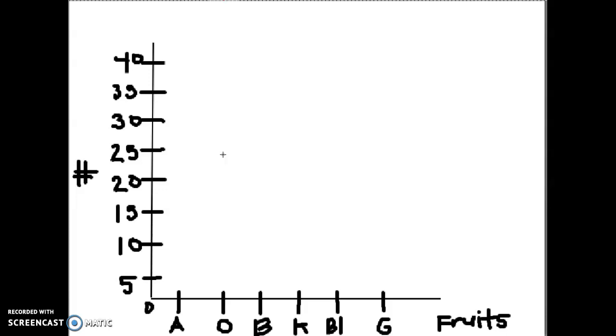So we'll start with apples, and as you guys know, we collected data yesterday, and it was 35 people chose apples. So sometimes it's helpful to make different colors for your different bars so you can really see the differences in them. So for apples, I'm just going to go with a pink. And again, you guys, this is going to be super creative on your part. You can do whatever you guys want to do.